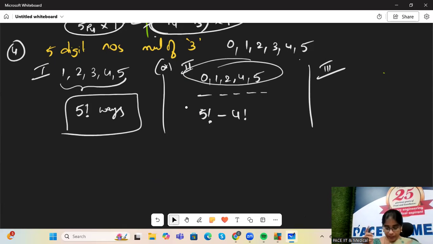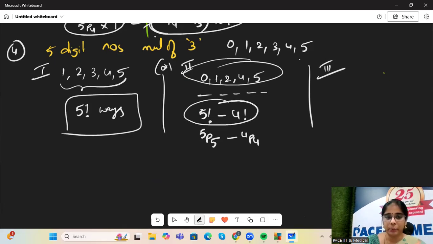Basically 5P5 minus 4P4. Either way, arranging 5 out of 5 minus 4P4, it's one and the same. Clear? So the sum of 5 factorial plus 5 factorial minus 4 factorial will be your answer there. Is that clear?